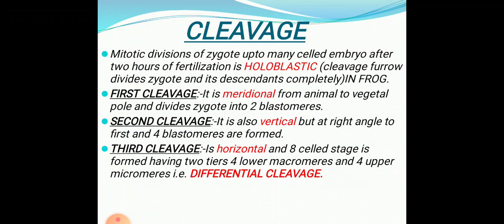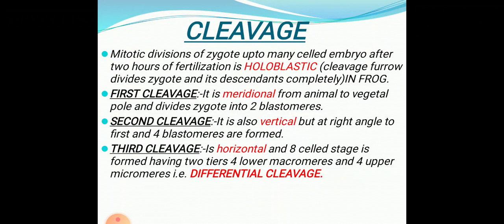The third cleavage is horizontal, or we can call it latitudinal cleavage, resulting in the 8-celled stage, arranged in two tiers, that is 4 in the upper hemisphere, the animal hemisphere, and 4 cells in the vegetal hemisphere.